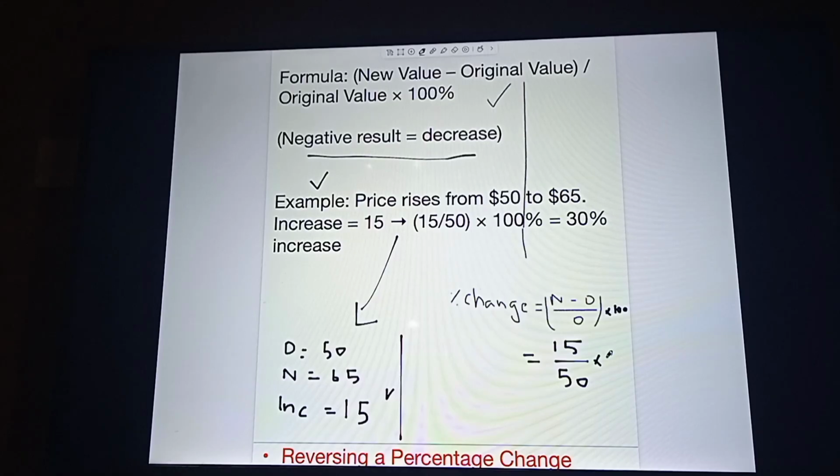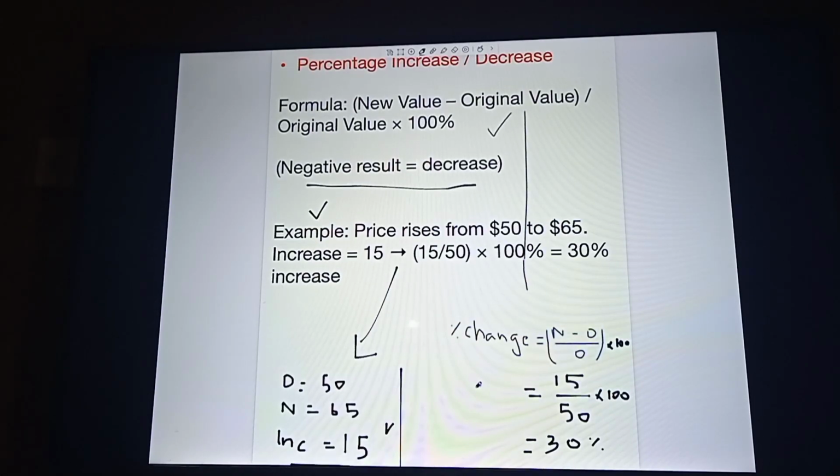So you will get 30%. When you multiply it with 100, then you must put this percentage sign. So 30% increase, because the value is positive here. So it is a 30% increase, already mentioned here.